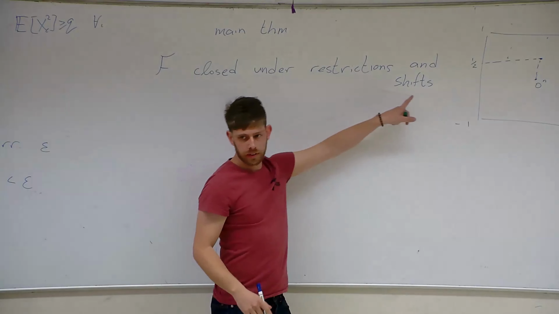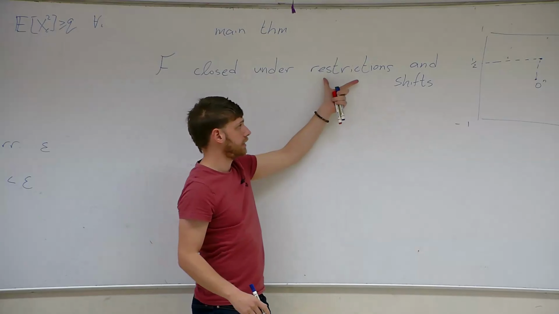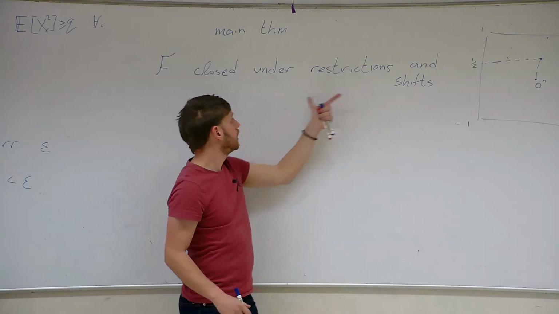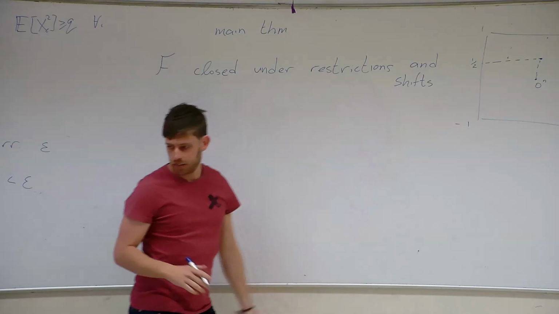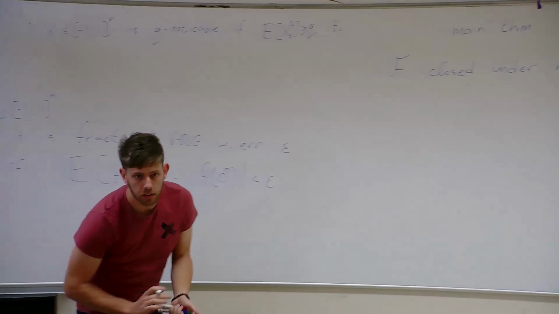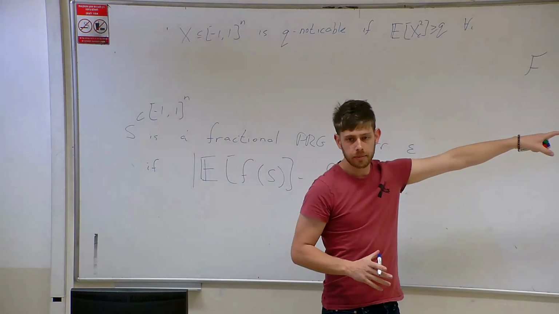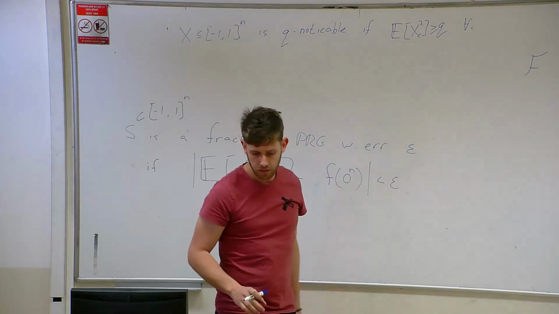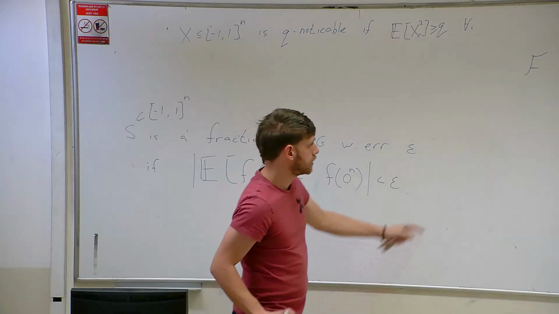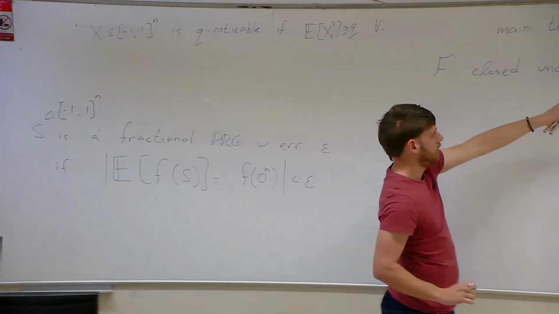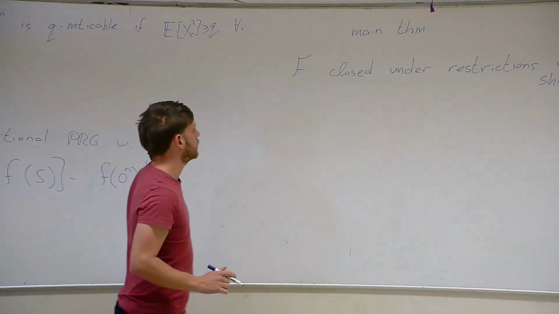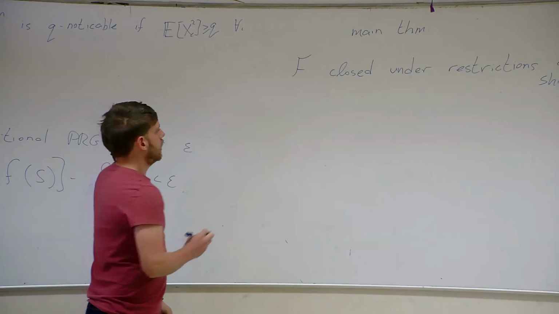We'll see it in the proof, and we'll see what we exactly need from F. The shifts are similar to the previous talk, and here we also need the closure under restrictions, which we'll see later on.